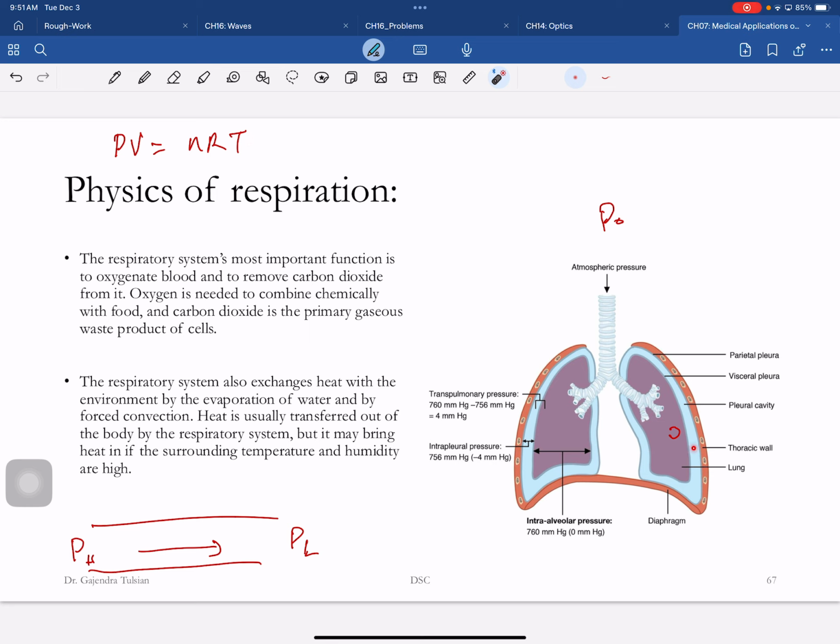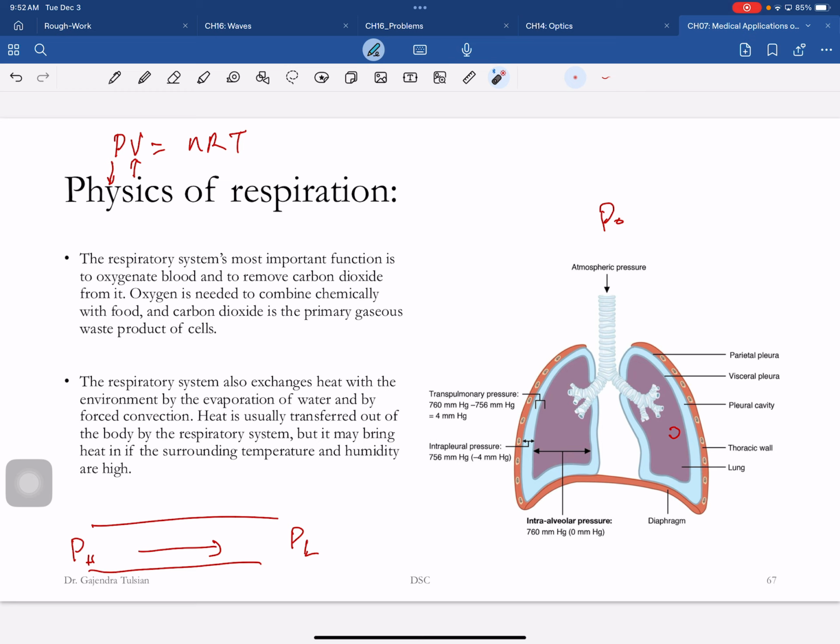We're talking about the air in the intrapleural cavity. The amount of gas is constant and the temperature is constant. So if you increase the volume, the pressure will decrease. When you lower your diaphragm, you're increasing the volume of this cavity, and the pressure there decreases.